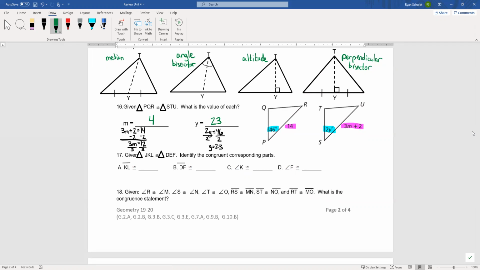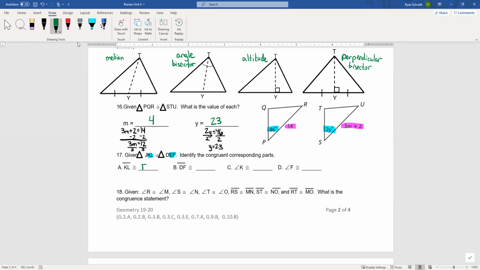Number 17. Given that triangle JKL is congruent to triangle DEF, identify the corresponding parts. So first they ask us about KL. Well, what side on the other triangle goes with KL? That would be EF.